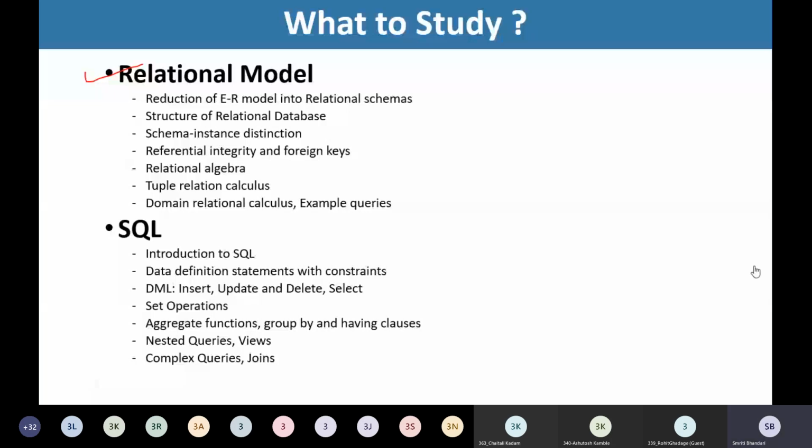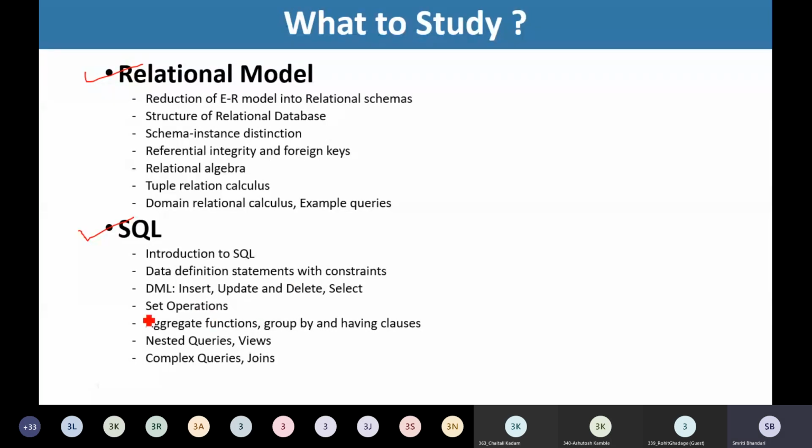Also, we'll be focusing on many different SQL constructs that will help us to extract the data from our database. So this is what we are going to study in this unit. Under SQL, we'll be introducing SQL, then the data definition language statements with constraints, and DML statements.